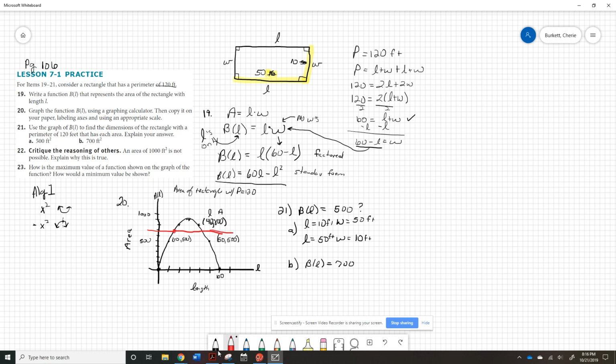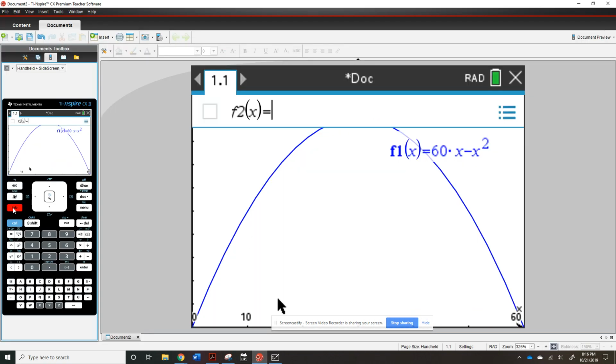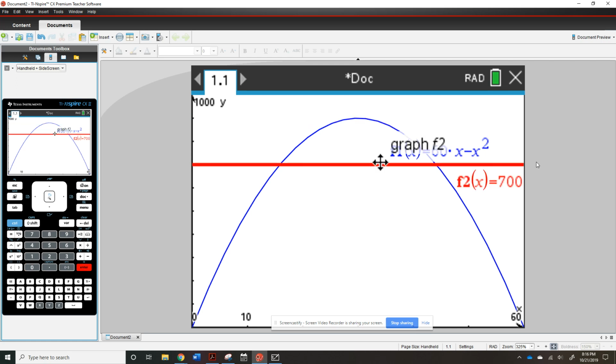So it's this one right here and this one right here. So we can't look and tell what that is exactly. It's really close. But to be able to tell exactly, we need to go back over here, press the tab feature. And when you press the tab feature, you get a new function line and type in 700. Because remember, this is saying this is the area. So we type in 700 and we get that 700 line.